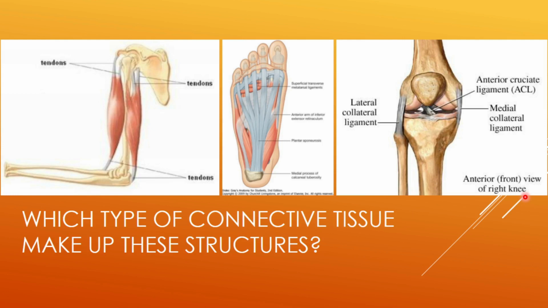So whilst we're on that, think about which type of connective tissue makes up these structures shown on these images. Tendons, this is a flat tendon here, plantar aponeurosis. Still a tendon, it's just not a round cord.